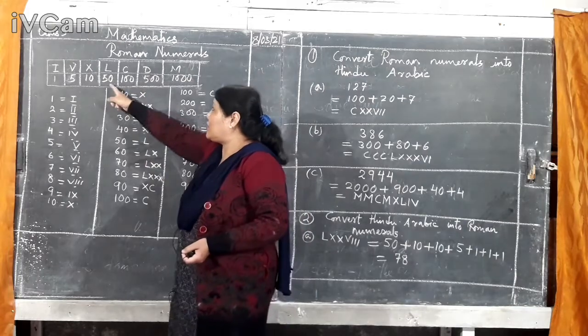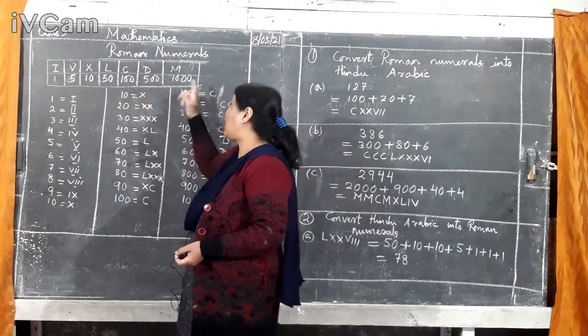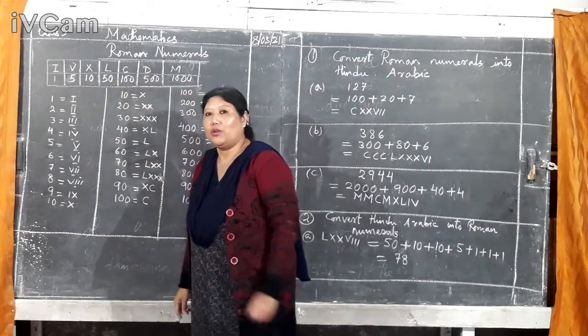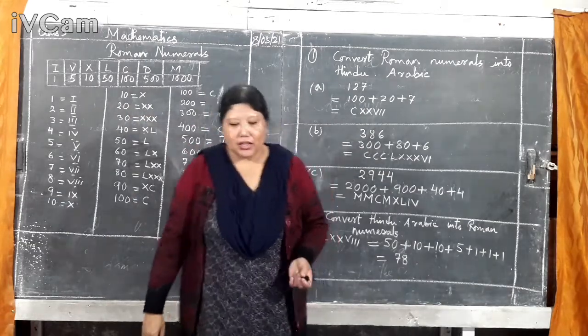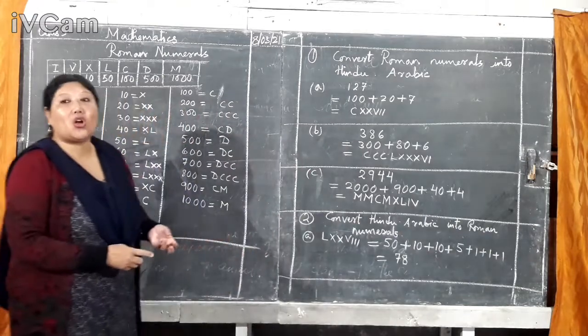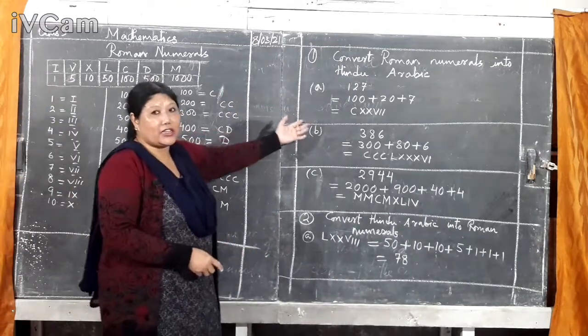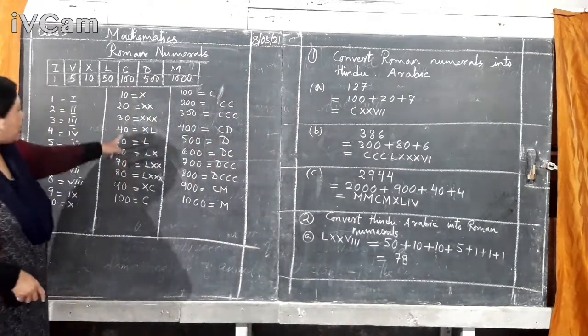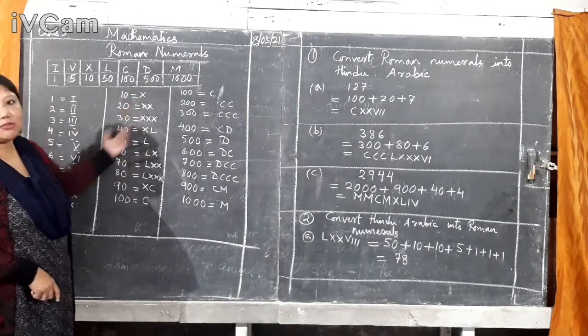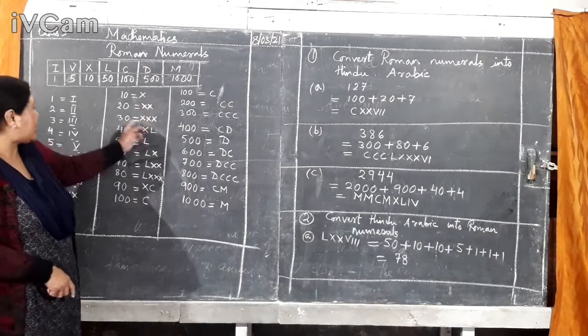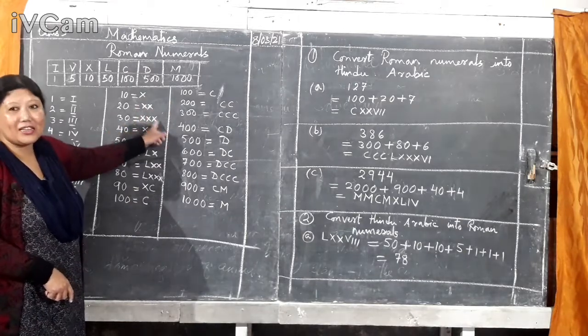After this 50, we move on to 1000. Till 1000 we will move. So let's start. And there are methods. Here you can see I have written 10, 20, 30. You know X means 10, XX means 20, 10 plus 10, and XXX means 10 plus 10 plus 10, 30.